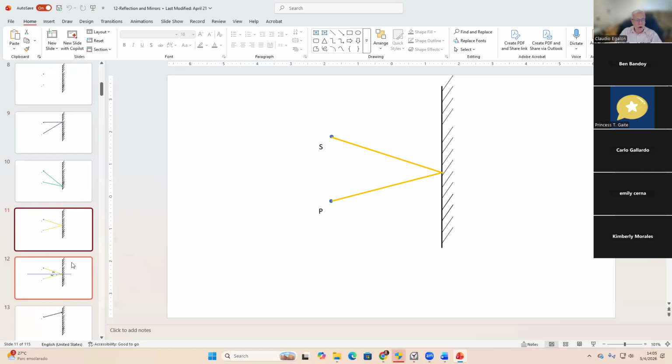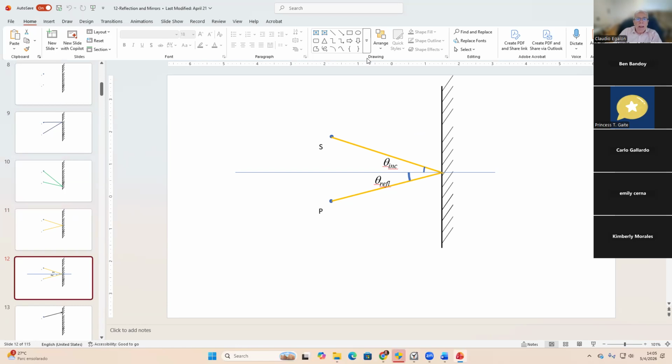Law, between quotes, the law of reflection. What does the law of reflection state? The law of reflection states that the angle of incidence of the ray is equal to the angle of reflection of the ray, and this angle is measured with respect to the normal to the reflecting surface.